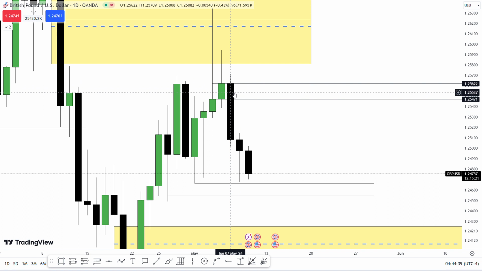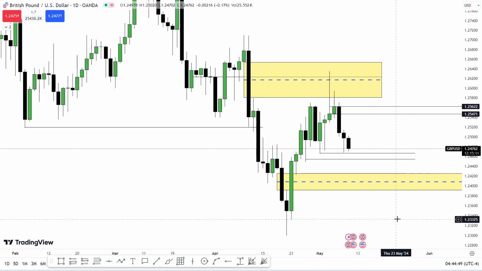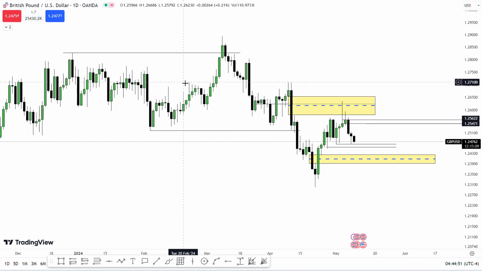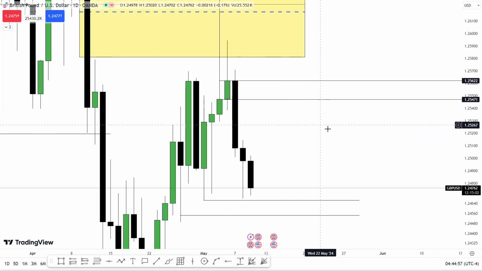I will be waiting for a lower time frame market structure shift to happen from one of these areas, and I will be taking a short entry from these areas. That will be good, because the daily time frame is showing us bearish signals, the overall trend is bearish, and we can go with the trend.